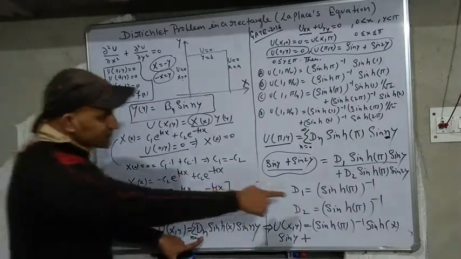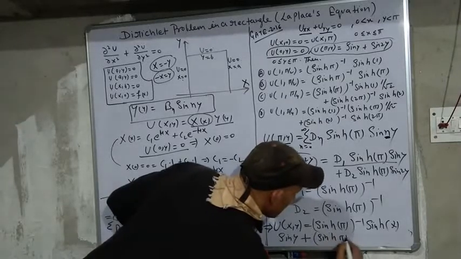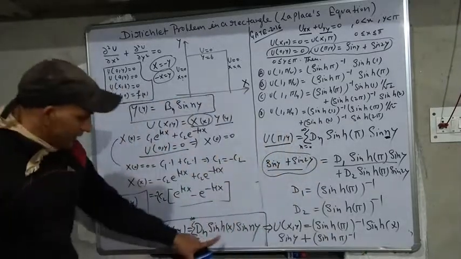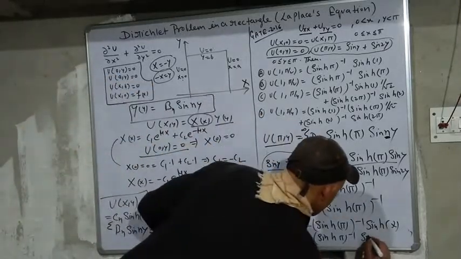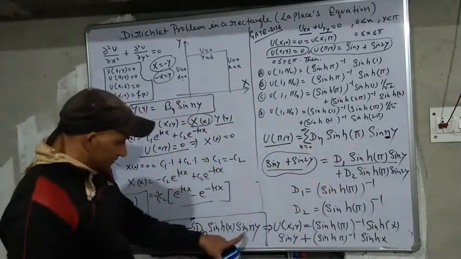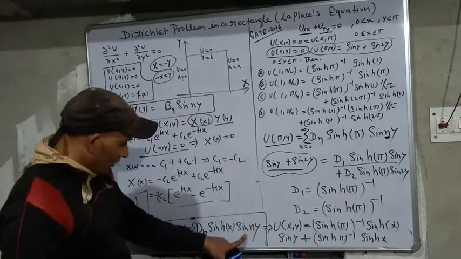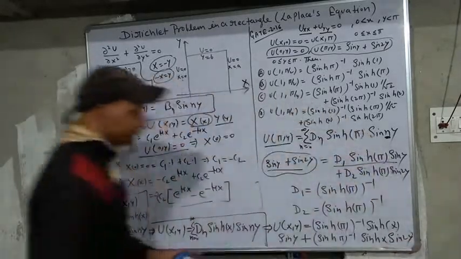What is d2? d2 is sine hyperbolic pi power minus 1, times sine hyperbolic x, and then sine 2y.